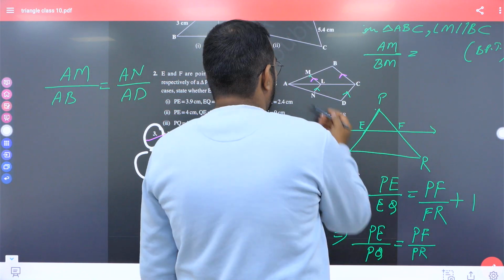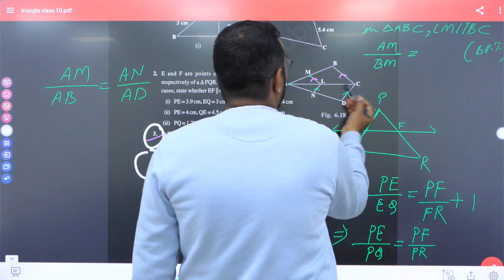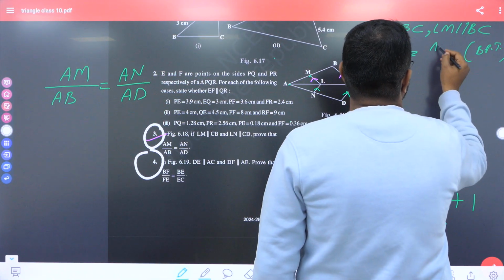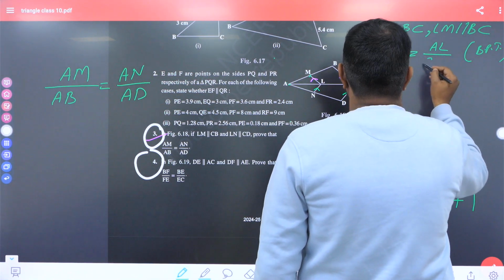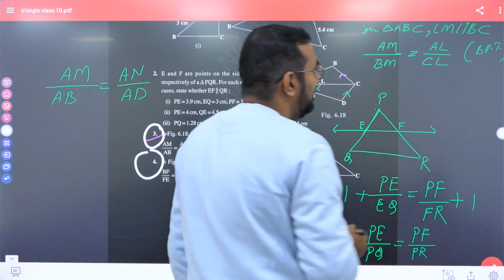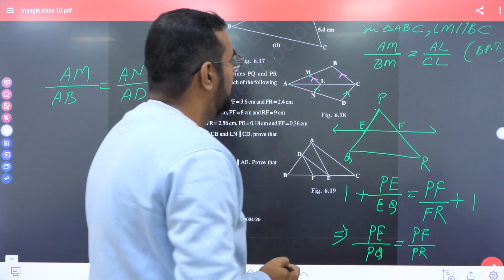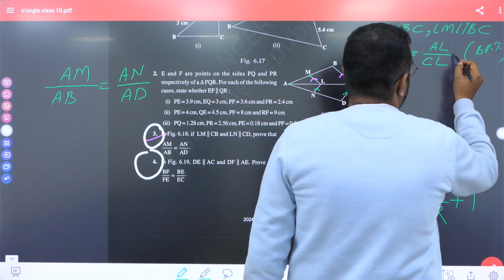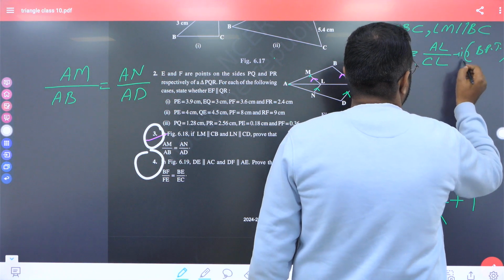By BPT, AM upon BM is equal to AL upon CL. Make this one as equation first.